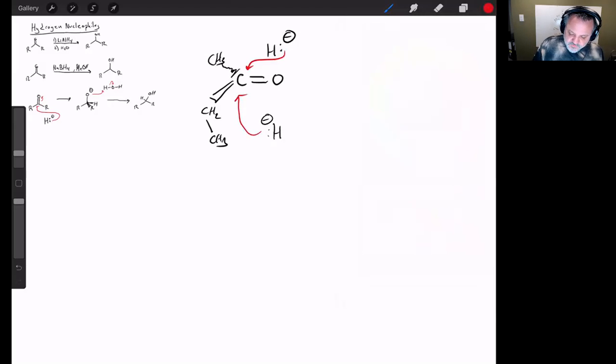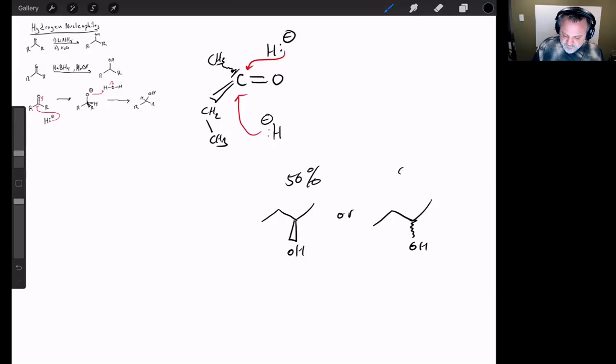Depending on which way it reacts from will determine whether I get this alcohol or I get this alcohol. But at the end of the day, it's going to be 50-50 racemic mixtures. So keep in mind that when we do these reactions with unsymmetrical ketones, you're going to have some stereochemistry to sort out.